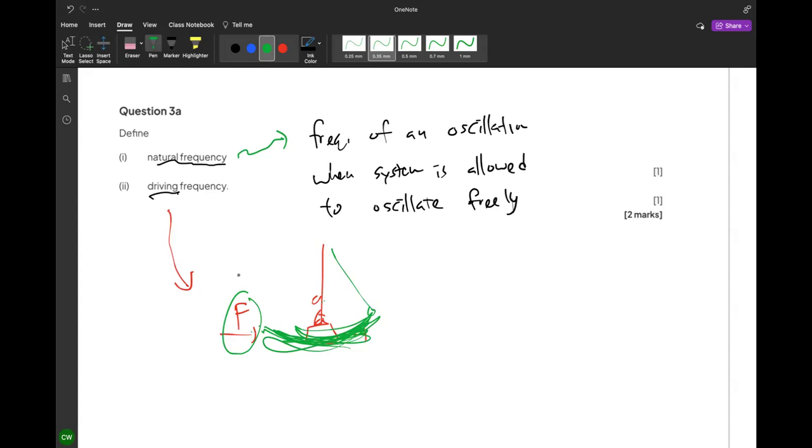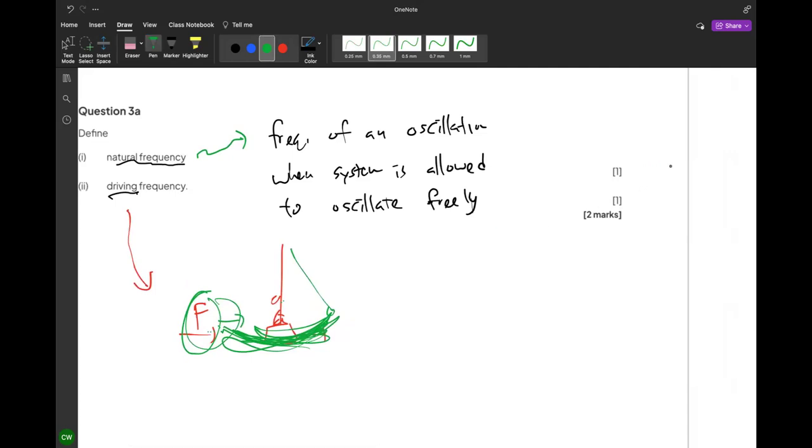Okay, so that one is by applied force. It's actually due to applied force. So oscillation of the system when the object is acted on by an applied force. The frequency of oscillation when applied to the system from an external force, also can. Okay, you can copy Ziying's answer.